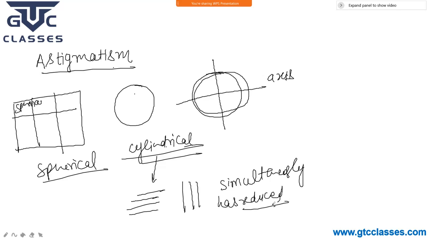So at the same time you cannot identify clearly, okay, this is horizontal and this is vertical at the same time. If sometimes we lose that property, we lose that capability. Okay, why this happens? Because this is not perfect spherical. Your eyeball is not perfect spherical. It's an imperfect spherical nature.